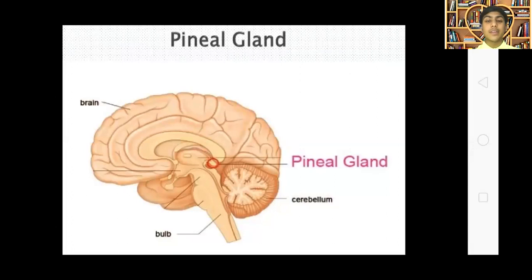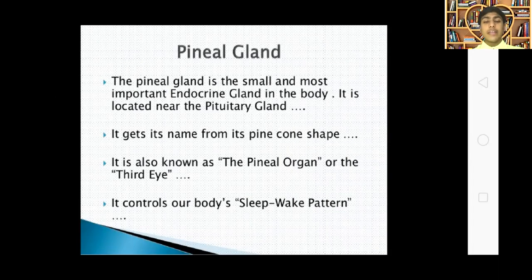Next, we are dealing with the pineal gland. The pineal gland is situated in the brain. It is a small and important endocrine gland in the body, located near the pituitary gland.